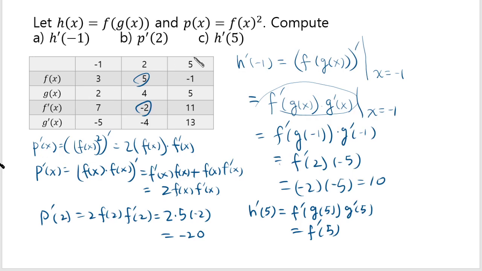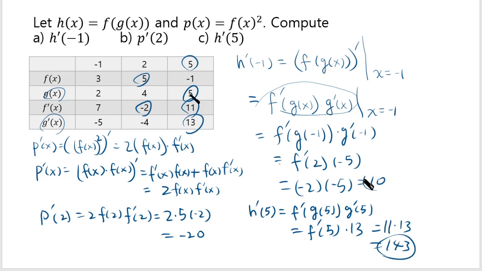G prime of 5 is 13, so you multiply by 13. And f prime of 5 is 11. Okay, so you end up with 11 times 13, which is 143. Okay, so these are the answers.